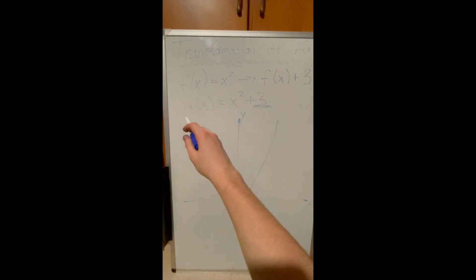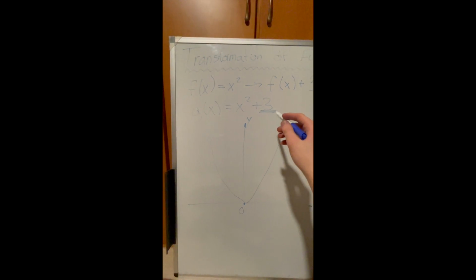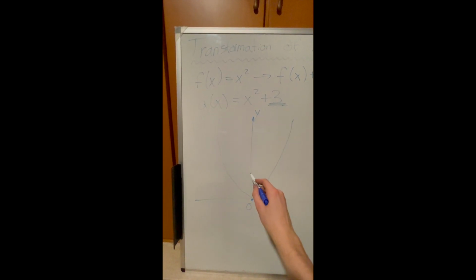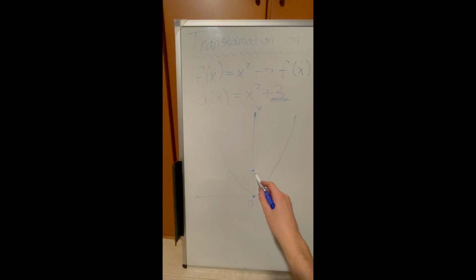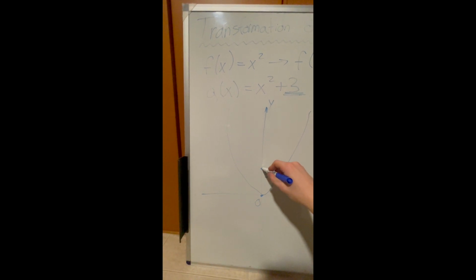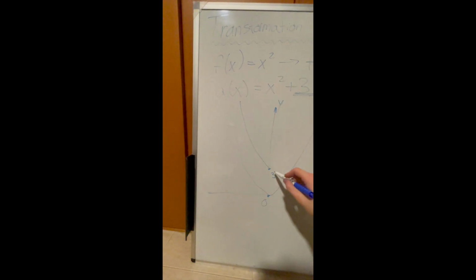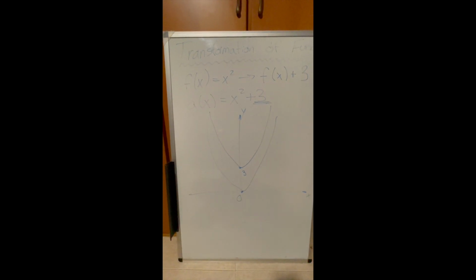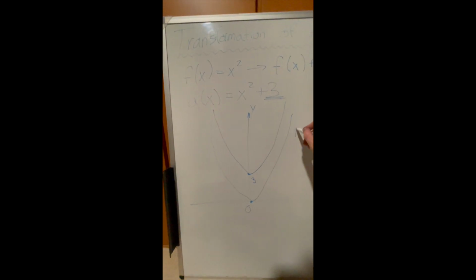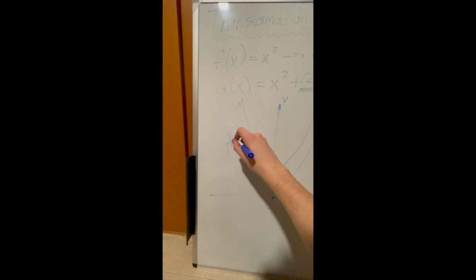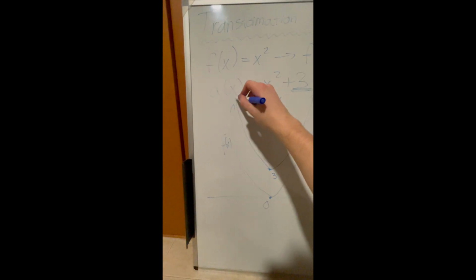And in our second function, since we've transformed it to move 3 units upwards, we just move the vertex 3 units upwards, so y equals 3. And then we draw again. This is our new function. This is f of x. And this is g of x.